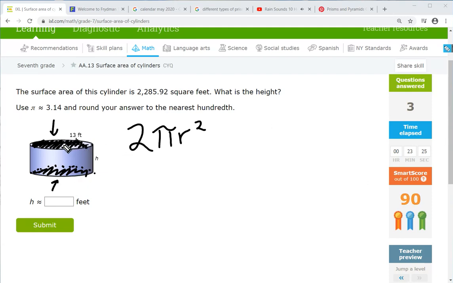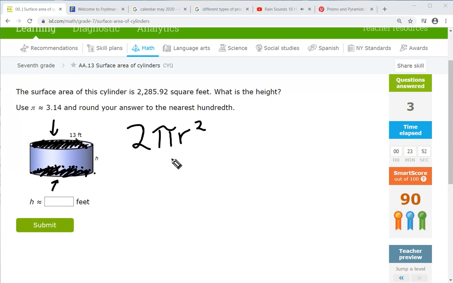So in other words, I have this one, which is equal to pi r squared, but then I have another one over here, which is also equal to pi r squared. But rather than saying pi r squared plus pi r squared, I'm just going to write that a different way, and I'm going to say 2 pi r squared.